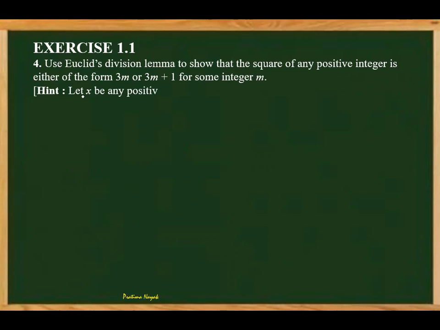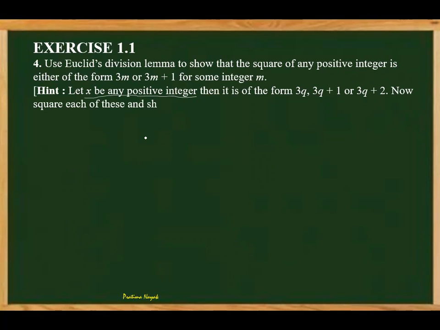Here the hint is also given. Let x be a positive integer and let us write it as 3q, 3q plus 1, then 3q plus 2 form, and now square each of the numbers and show that they can be in the form of 3m or 3m plus 1.